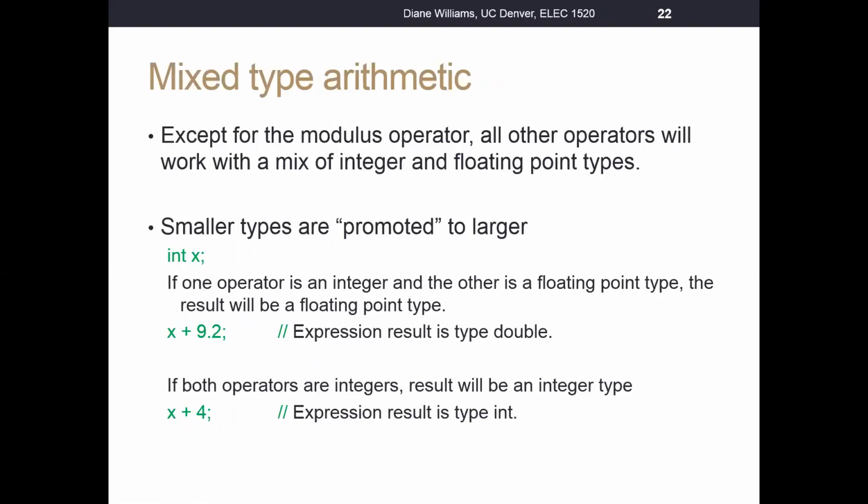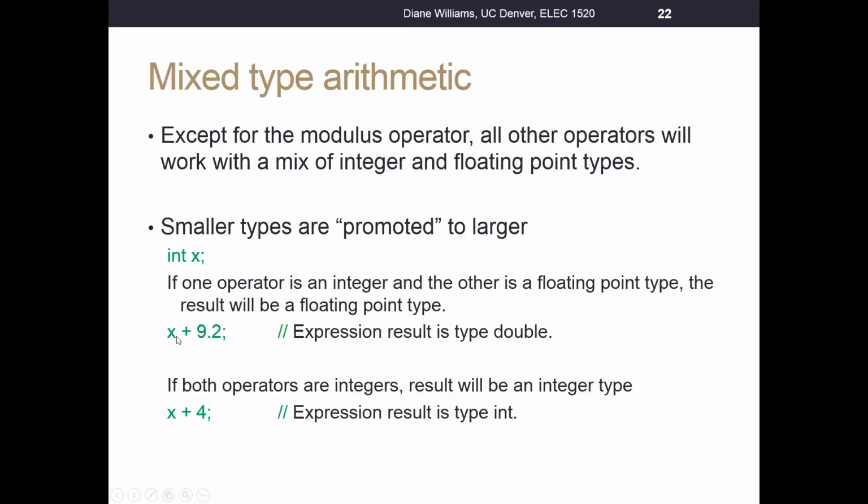Now you can do mixed type arithmetic as well, but once again, we avoid something like this. We'll see that C promotes types. So if we define x as an int, and we have an expression that's x plus 9.2, well, 9.2 is a floating point type. This constant is of type double. So what this does is it will evaluate or promote x as a double just for the purposes of this expression.